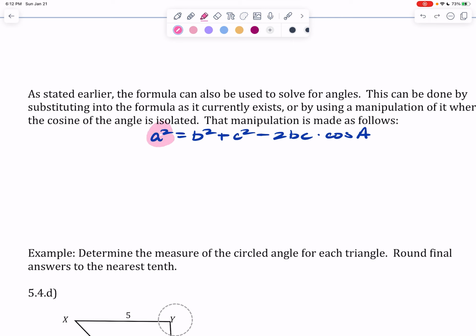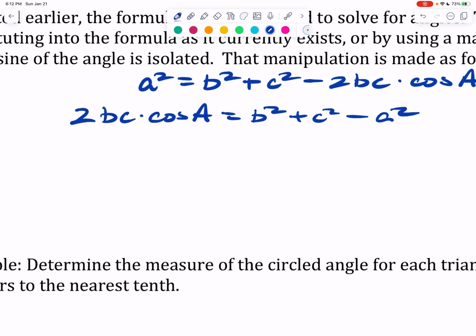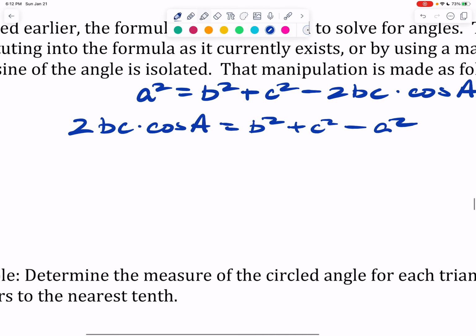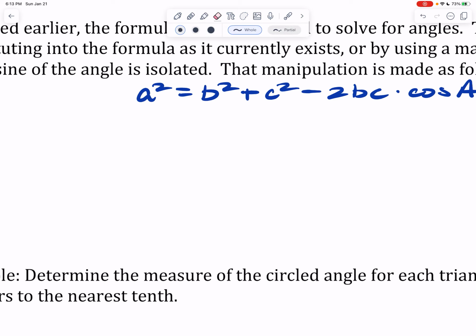At the same time, I'm going to take this a squared and move it to the right side. So my first step here is to say that 2bc cos A is equal to b squared plus c squared minus a squared. I'm just going to rewrite that a bit more neatly.